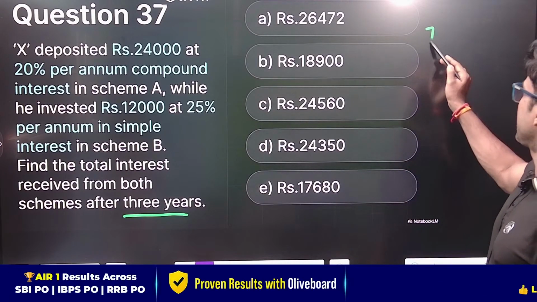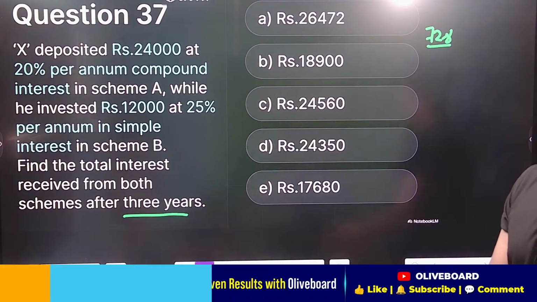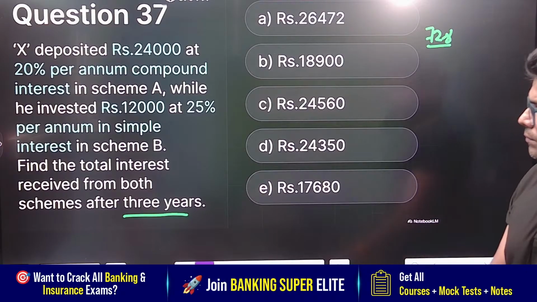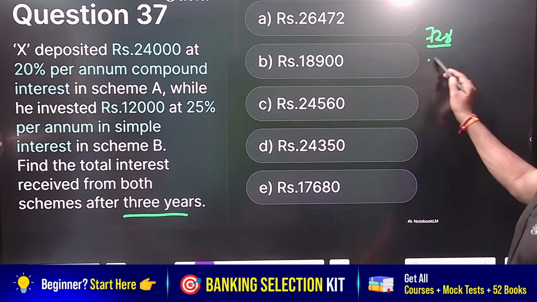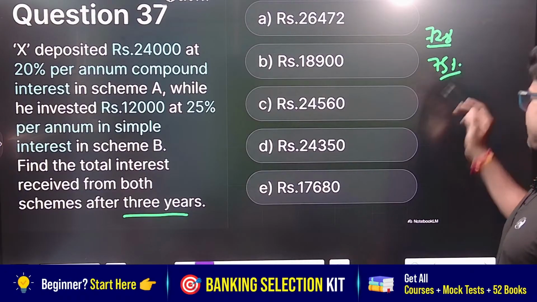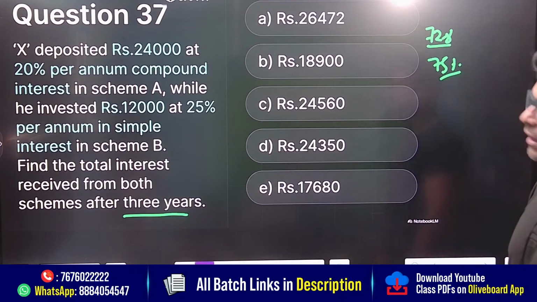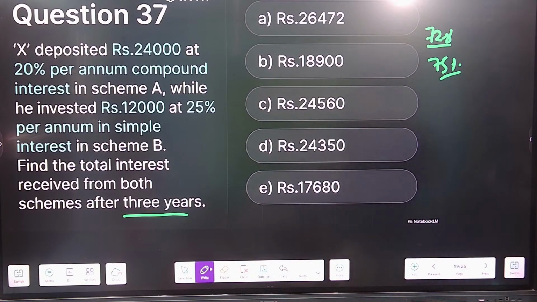This is 72.8 first of all. And that is 75%. Come on, answer me. Just figure it out, everyone. What answer are you getting? I just wanted to know what answer you guys are getting.